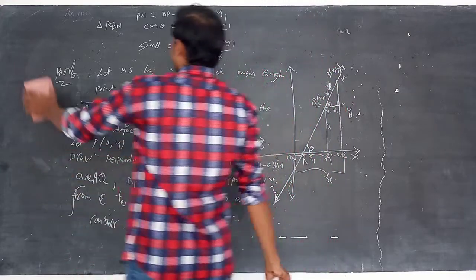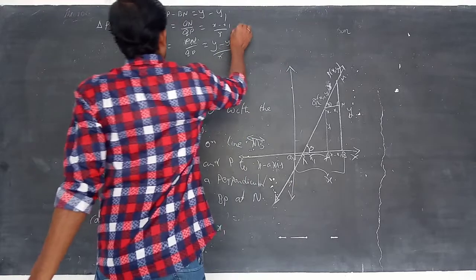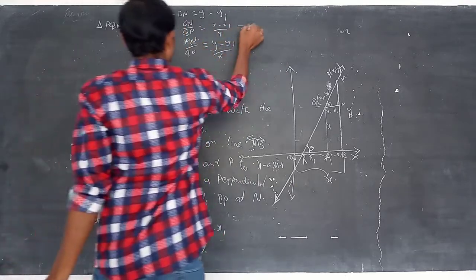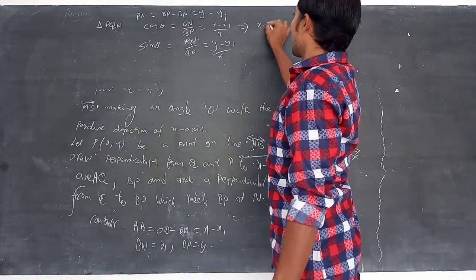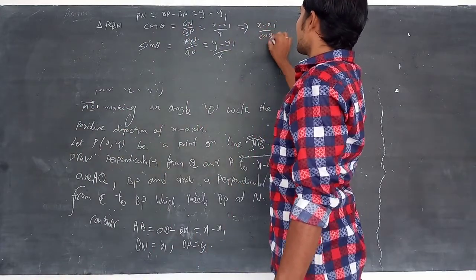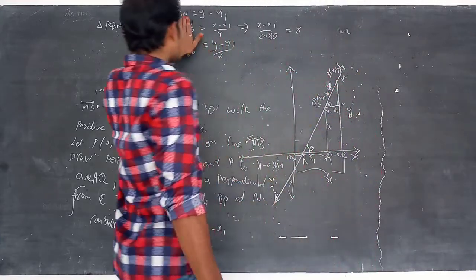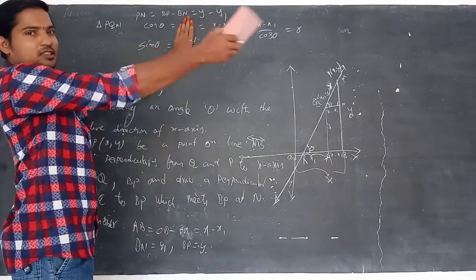Therefore, from the first, x minus x1 by cos theta equal to r. Forget about the rest, that means cos theta is equal to x minus x1 by r.